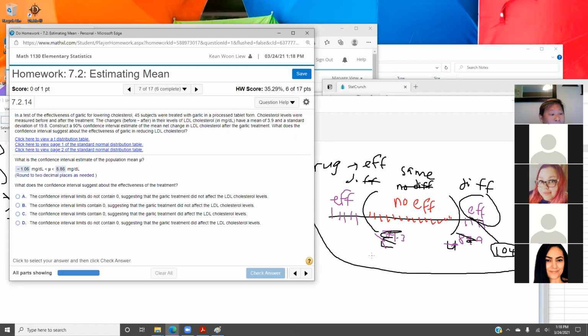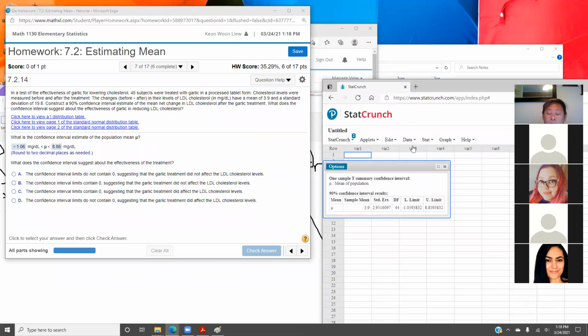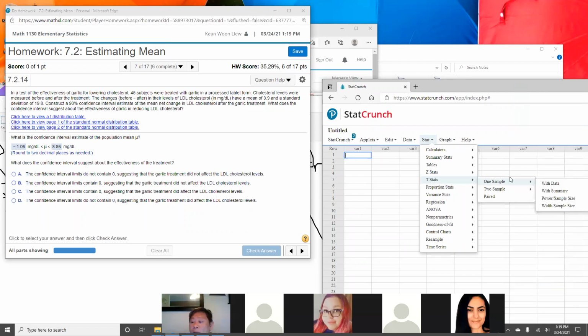For some reason, I enter in what you guys are doing, but I'm not getting the answer. Do you go to Stat, T-stat, and one sample, with summary? And what do you enter?